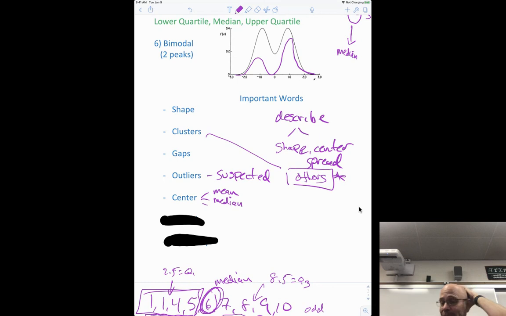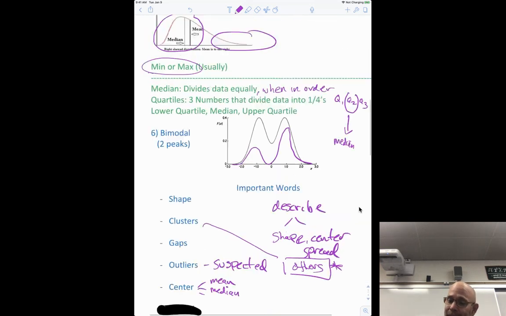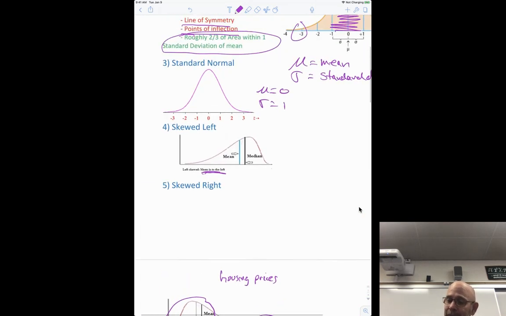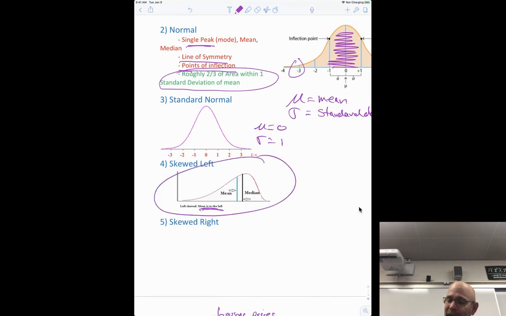Sometimes we want to talk about mean. Sometimes we want to talk about median. It's easier to find the median because all you got to do is count. The mean, you got to take out your calculator, add up all the numbers. So it's typically easier to find the median. Typically, we use the median if we have skewness because let's look at this one.